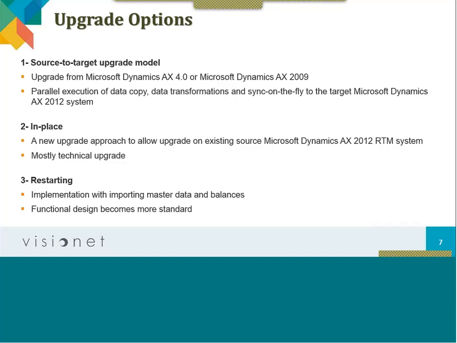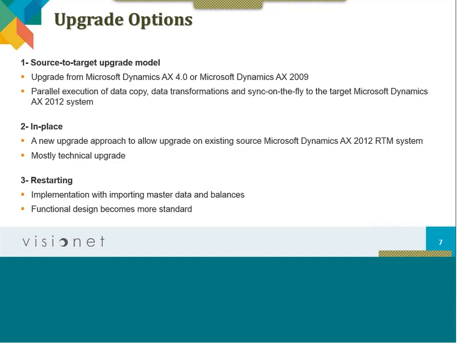That's the one that you will be following, because the other one, the in-place one, is for when you are using 2012 RTM or 2012 R1 or 2012 R2, and you want to move to the latest version, which is R3. You will basically be using the in-place method of upgrade. That one is mostly a technical upgrade where it's in one box.